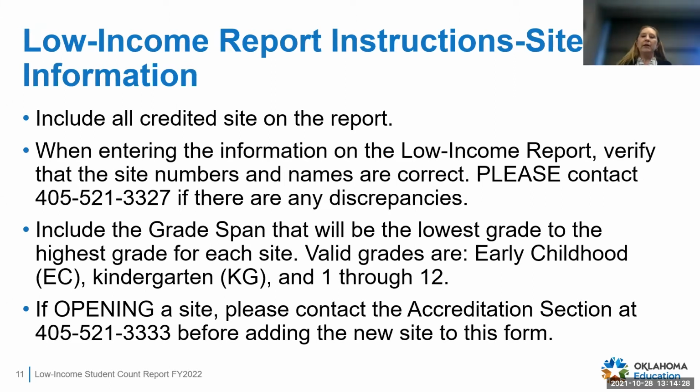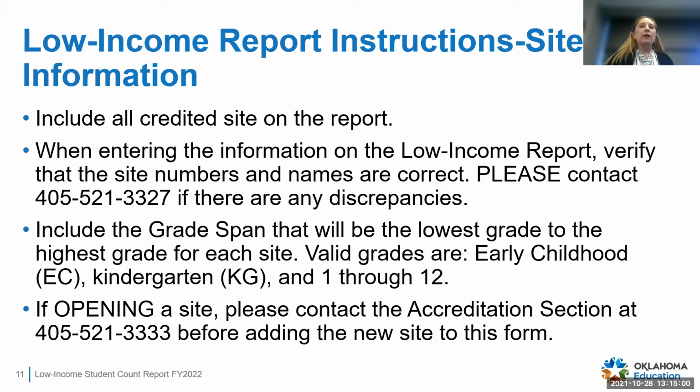When entering the information on the low income report, you want to verify that your site names and numbers are all correct. You want to make sure your grade spans match the grade spans at that school and what you put in on your Schedule A. If for some reason you're in the middle of opening a new site and that site doesn't appear on this report or on your Schedule A, the accreditation number is here on the screen, 405-521-3333.